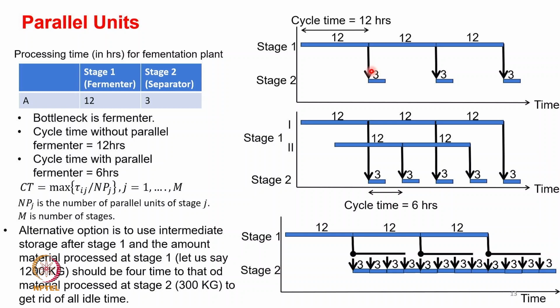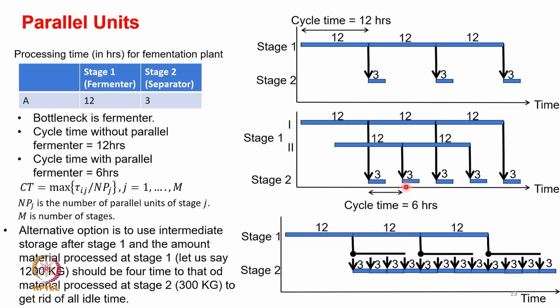Now if you have a parallel operation, you can start the fermenter. So this is stage 1, and stage 1 now has 2 parallel tracks. The immediate parallel track can start operating the fermentation in parallel. Just after the fermentation is over, it can pass to stage 2, which is of course a shorter time.